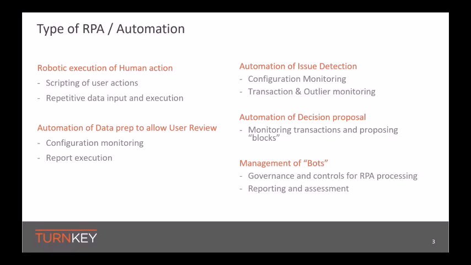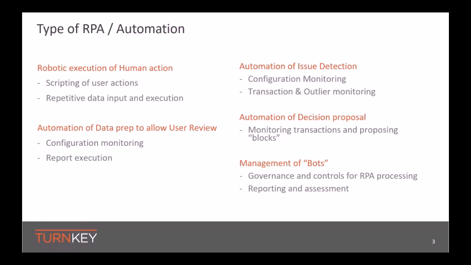We have automated issue detection, where only in case of specific alerts or specific behavior issues come up, and then the user does not need to analyze the data himself, but only needs to investigate in case of issues.